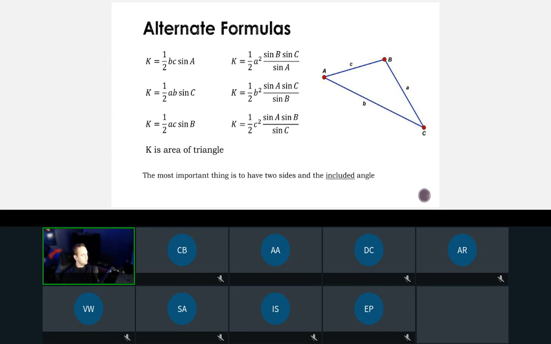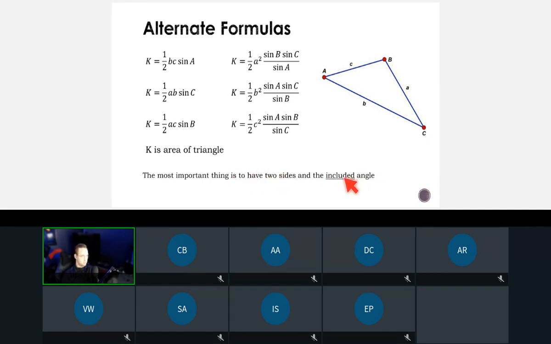All right. So we have 2 options to this formula. K is the area of a triangle. The first form would be these 3. You have 1/2 times side B times side C times sine of angle A. Remember, the capital letters are your angles. Lowercase are your side lengths. The most important thing to have is 2 sides and the included angle.